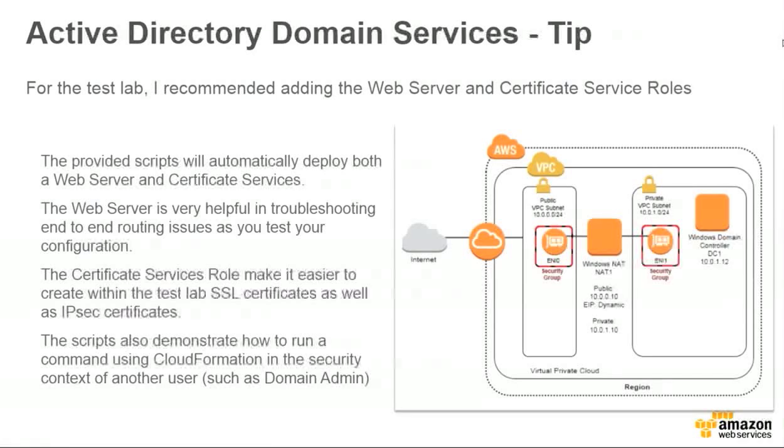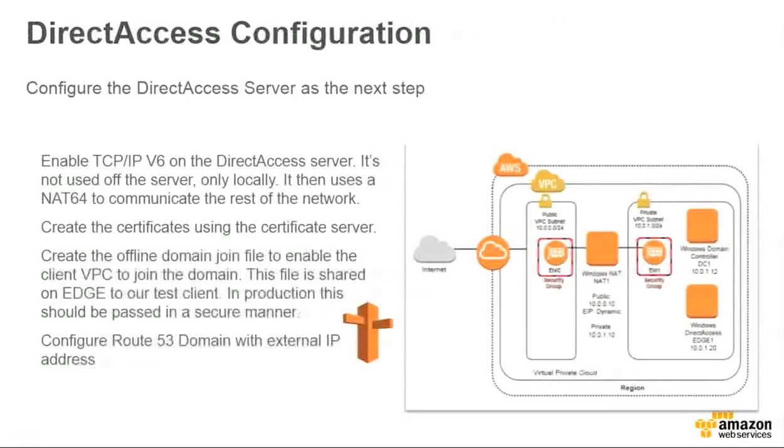When the DirectAccess server itself receives the packet, it retrieves the v6 packet from within the v4 packet, and it uses a technology called NAT64 to convert that packet to a v4 packet, and then uses TCP/IP v4 on the private subnet. So the only place that we actually have to enable TCP/IP v6 is on the DirectAccess server itself.